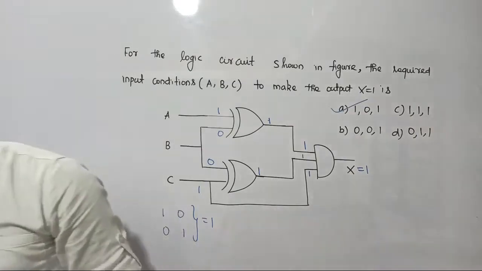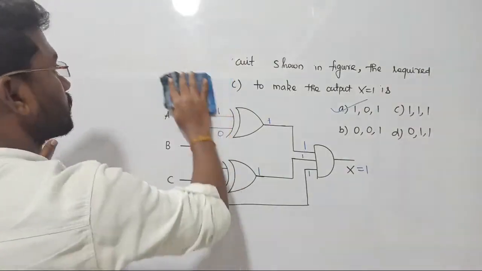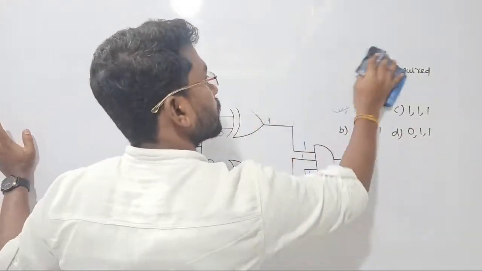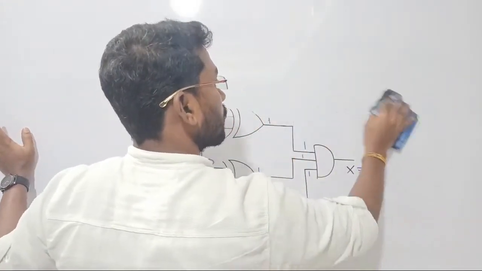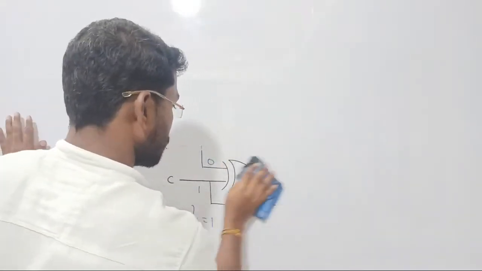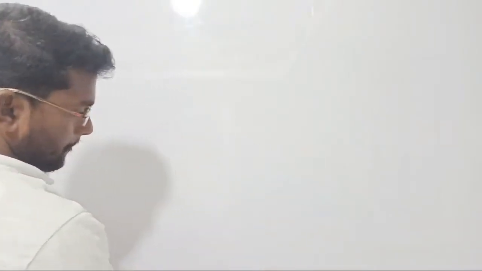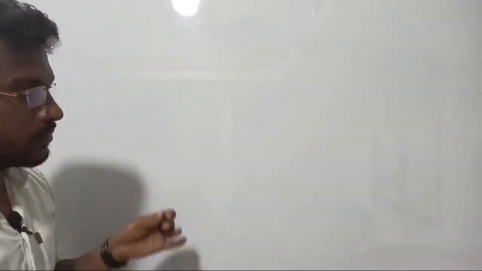Let us take the next one. So let me rub this one. See, the next one is for the logic circuit shown in the figure, the simplified Boolean expression, right?